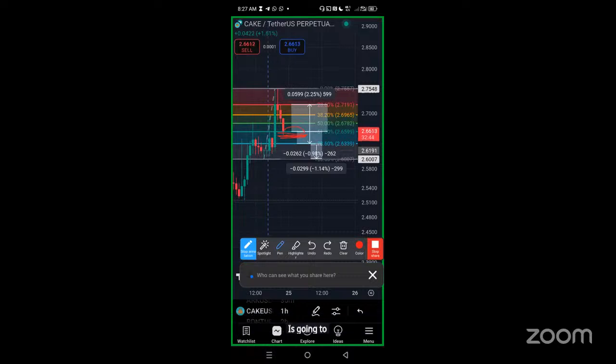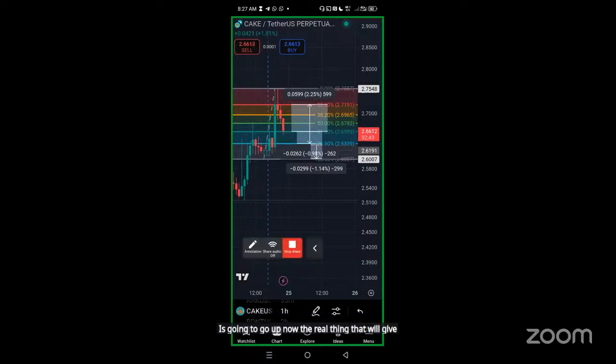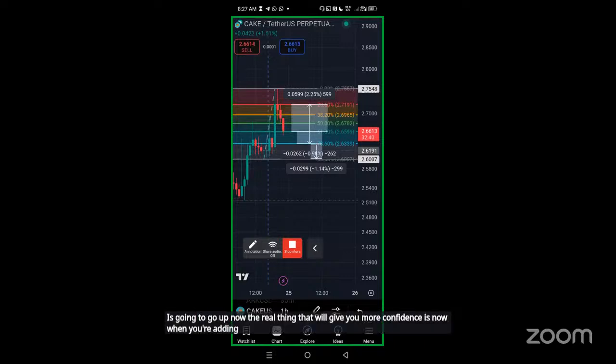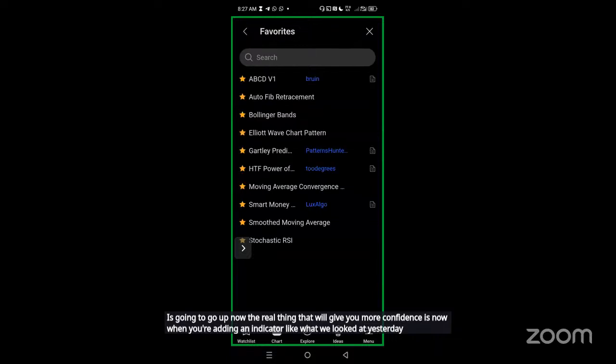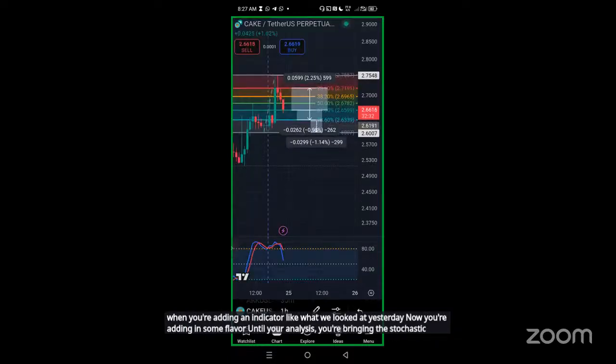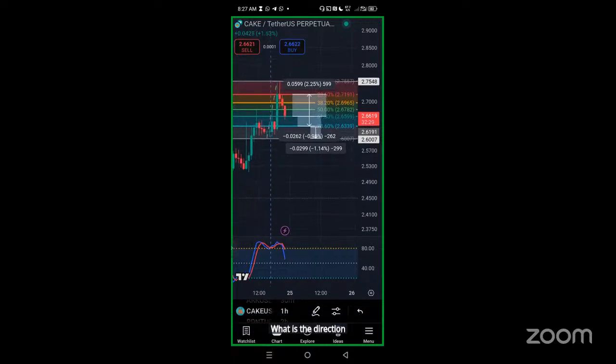Now, the real thing that will give you more confidence is when you add in an indicator like what we looked at yesterday. Now you're adding some flavor onto your analysis. You're bringing in the stochastic. You want to see what is the direction of the market like? What is the trend saying? What is the stochastic RSI saying?